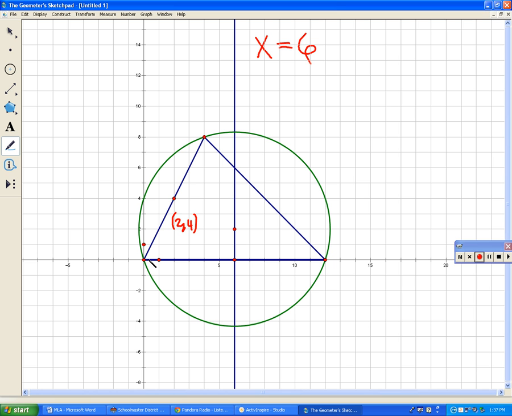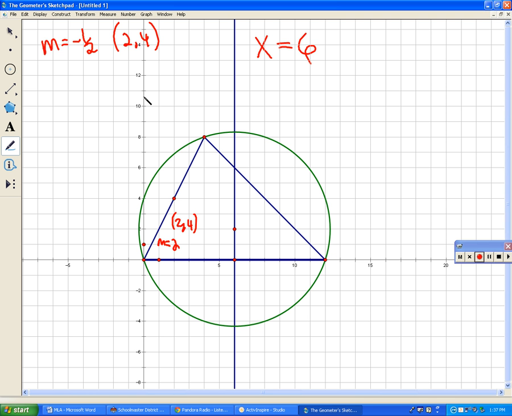The slope of this side is up 8 over 4, which is 2, right? Since this is the perpendicular bisector, its slope is going to be the opposite reciprocal, which is negative 1/2. So now we have the two pieces of information we always need for an equation of a line: slope and a point.